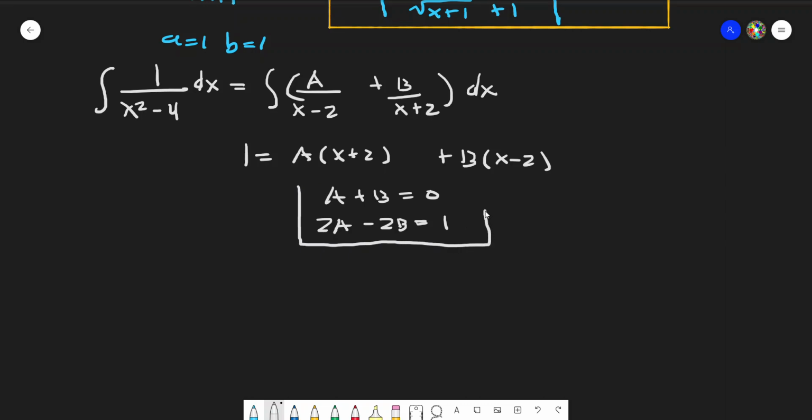That's not too difficult. We can figure out the values of a and b.